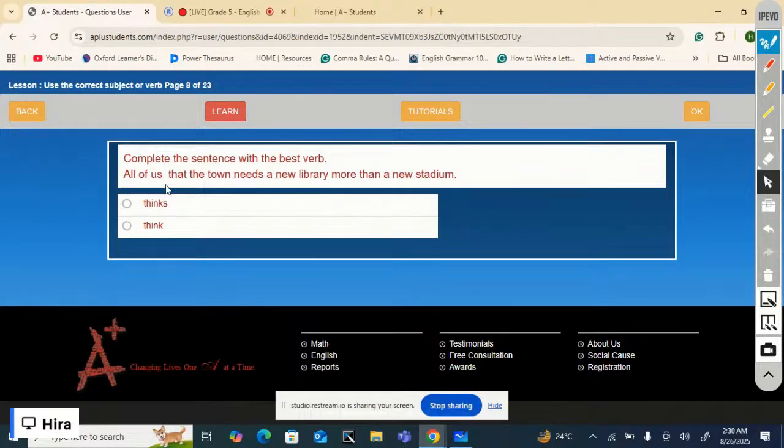All of us blank that the town needs a new library more than a new stadium. All of us thinks or think? Let me know.